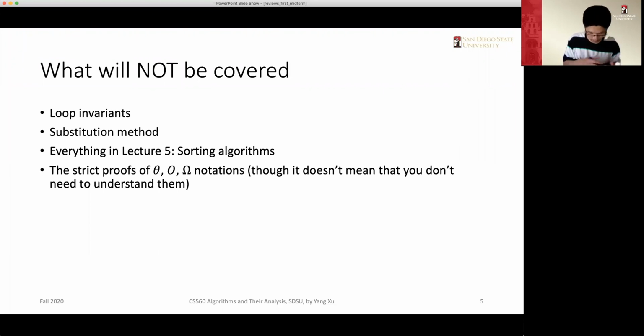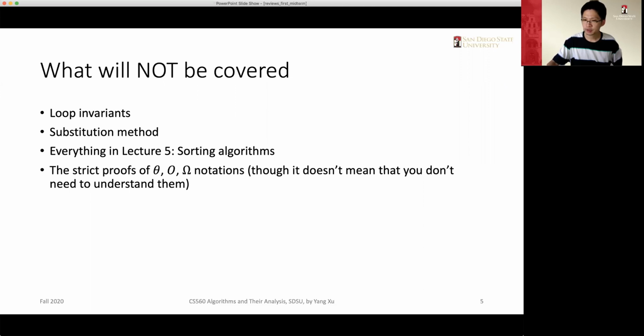There will be no other chapters covered here. Yeah, chapters 1, 2, 3, 4. And yes, 1.5 times testing time.